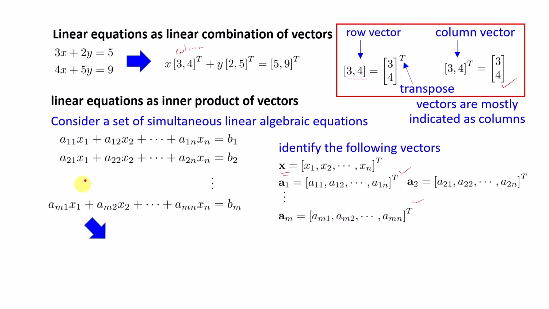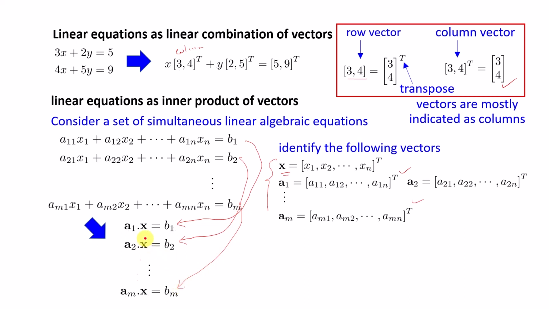So based on our definition of these vectors, we can write a1 dot x equals b1. This is the a1 vector and x vector, and this is the dot product of them. This is my equation 1. Similarly, a2 dot x equals b2. This is my equation 2, etc., am dot x equals bm.